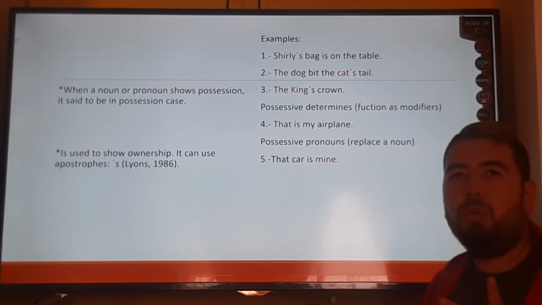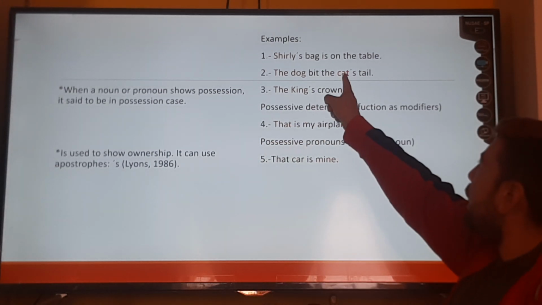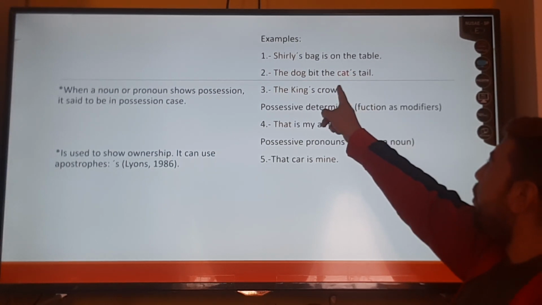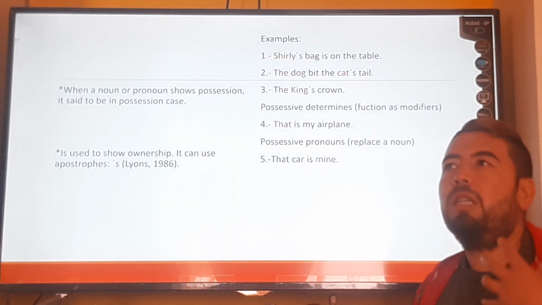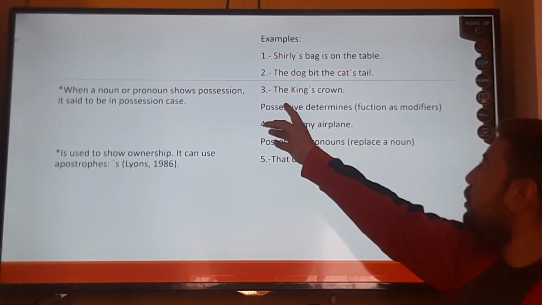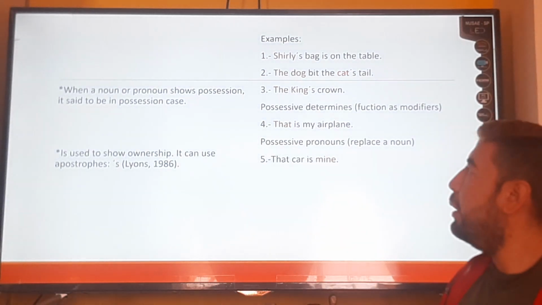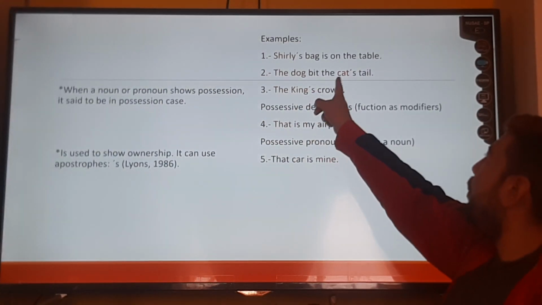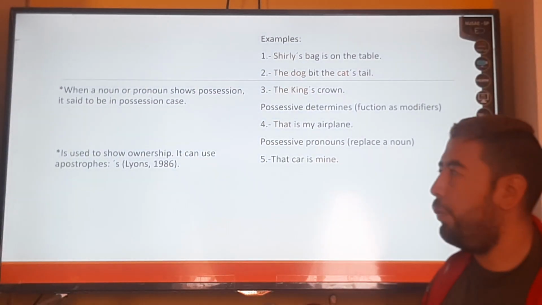There are two subjects, but in this case, the most important is the cat's tail because it shows ownership or possession. The third is very simple. The king's crown. You can see in the purple color the apostrophes.